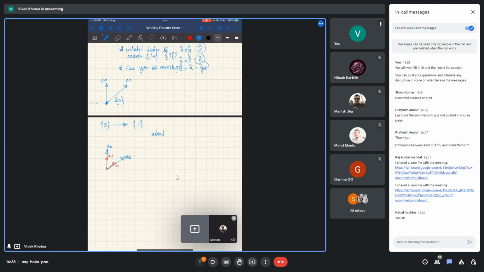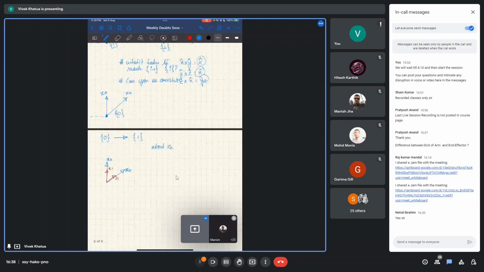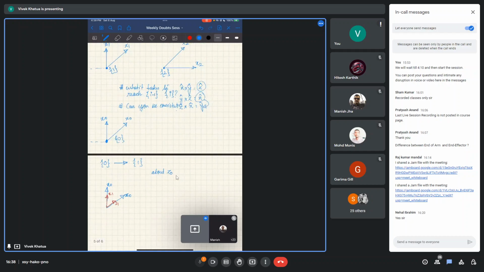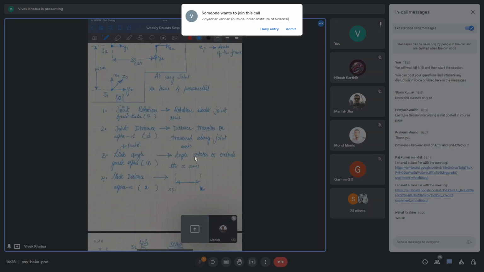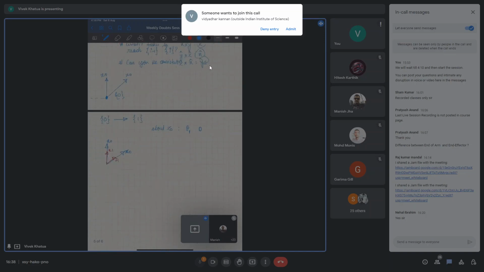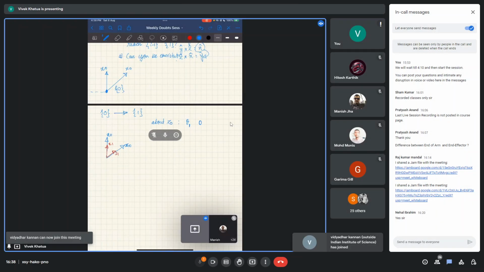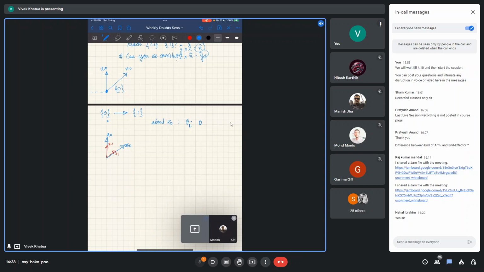about z0, I am not doing any rotation. So theta 1 is 0. Wait, I've not given indices, right? Okay, I'll explain the indices also. Now theta 1, because I'm going from frame 0 to the first frame, will be dependent on the first frame.